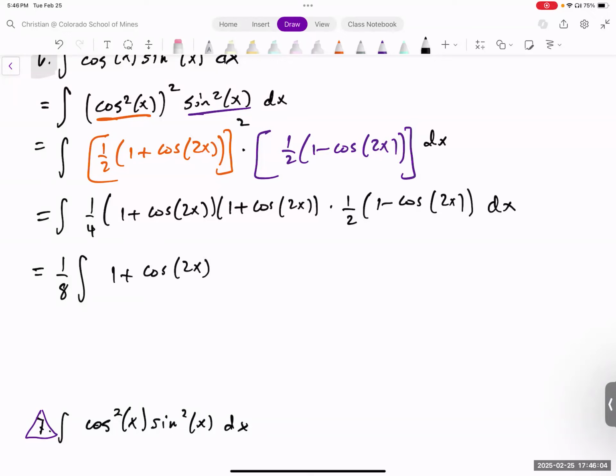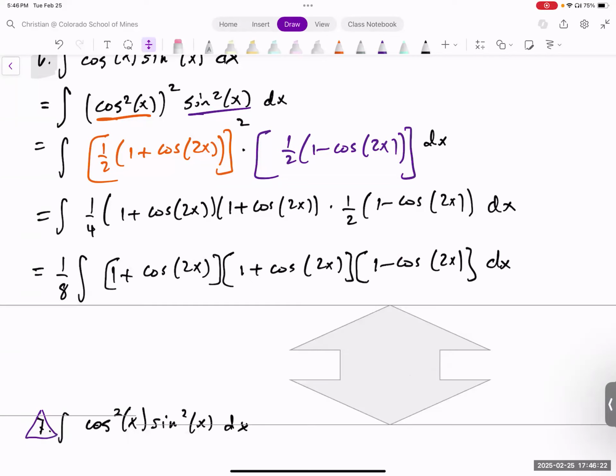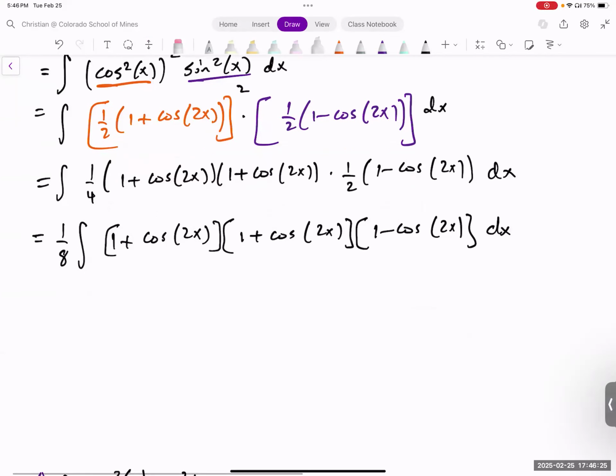Then times 1 plus cosine 2x times 1 minus cosine 2x. And there's a lot of foiling going on there, but I'm going to pick on these two because they're conjugates of each other.